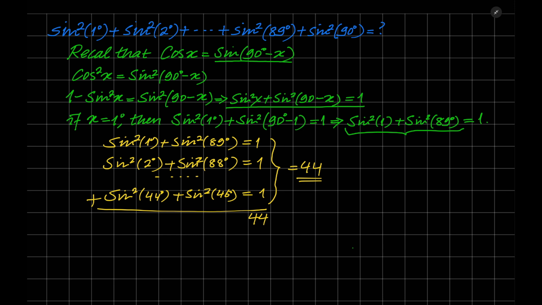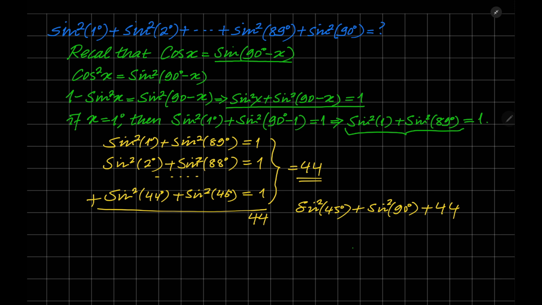They are sine 45 degree square plus sine 90 degree square, plus 44. Sine square 45 degree plus sine square 90 degree.